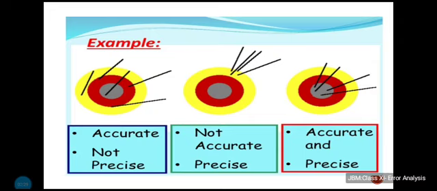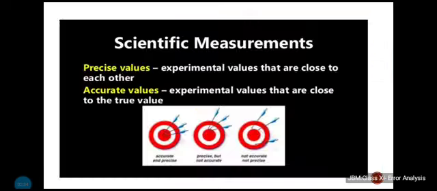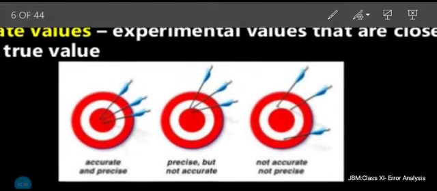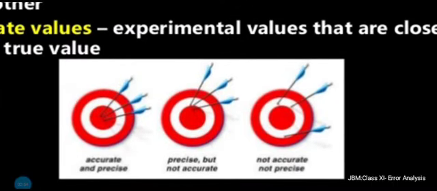The accuracy of a measurement is a measure of how close the measured value is to the true value of the quantity. Experimental values that are close to the true value are referred to as the accurate values. You can see the picture.